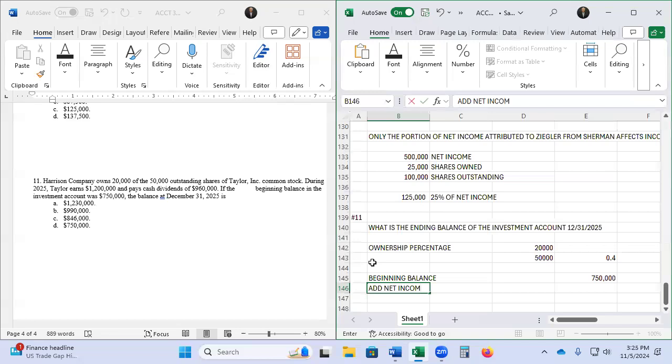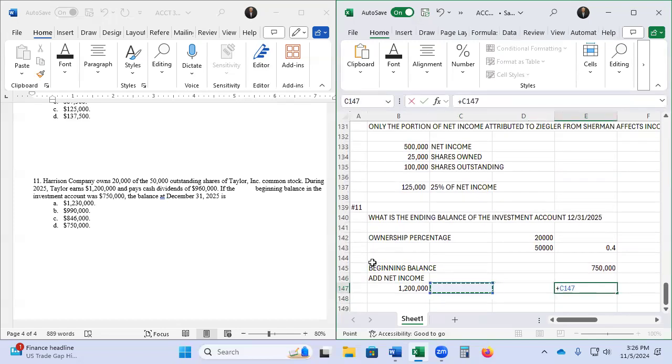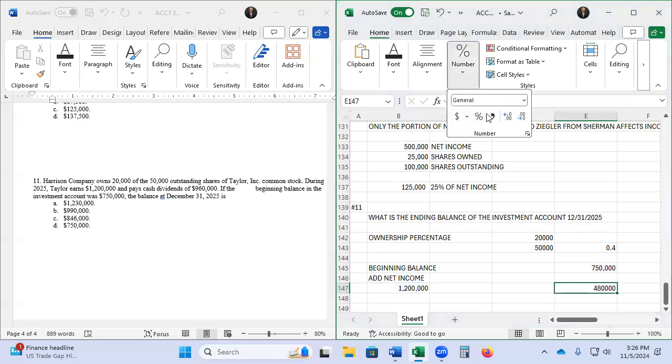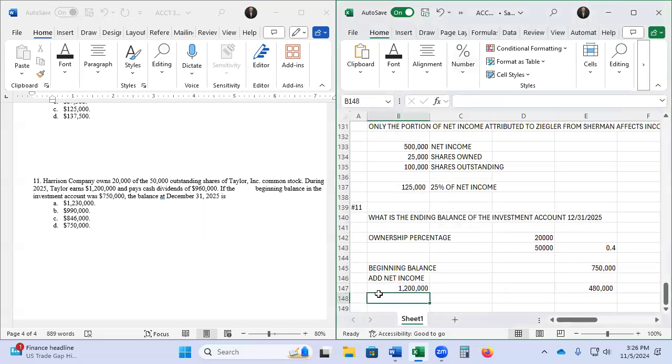So our portion of net income. So that's 1.2 million, that's 480,000.